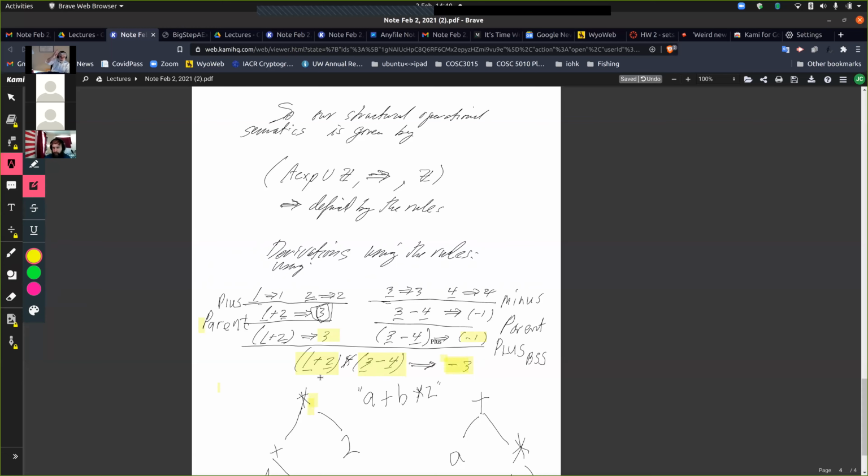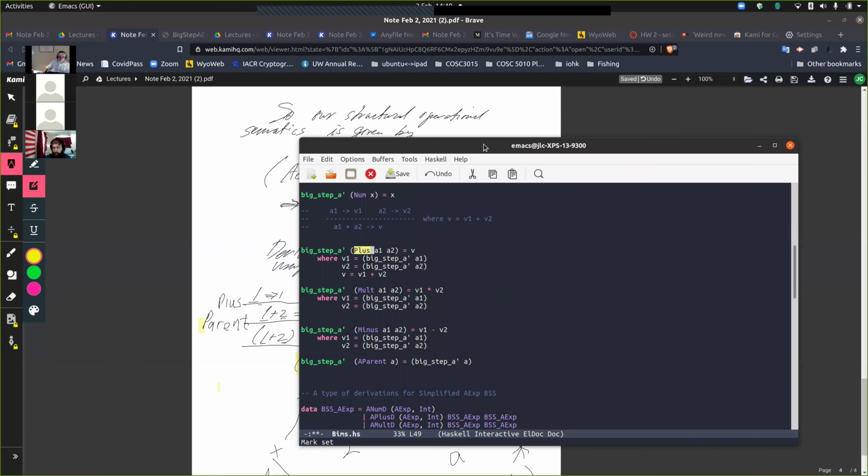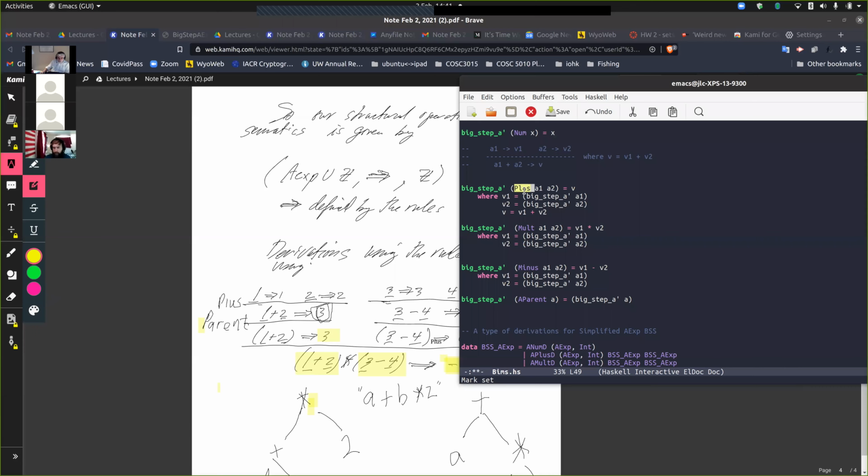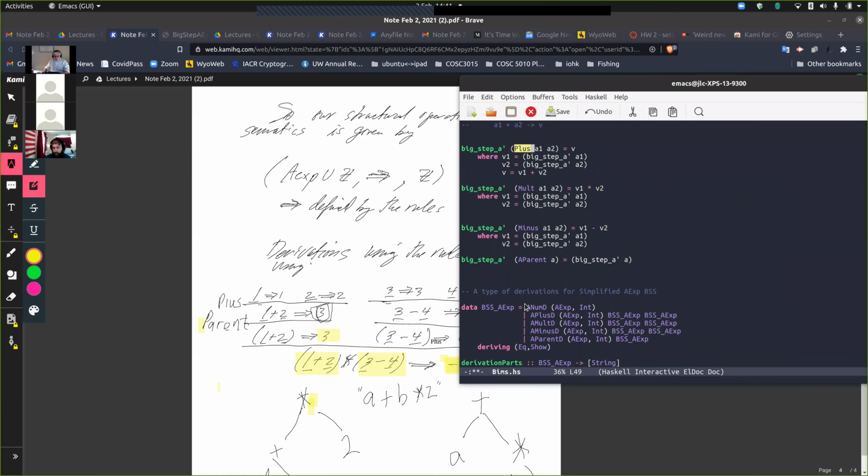So you're kind of going up and coming back down, and that's what can be reflected in a nice way in the code by recursion and getting the answer to the recursive call. So for like the rule for plus, the rule for plus says, okay, evaluate the meaning of A1. And then in this case, so let's try this.